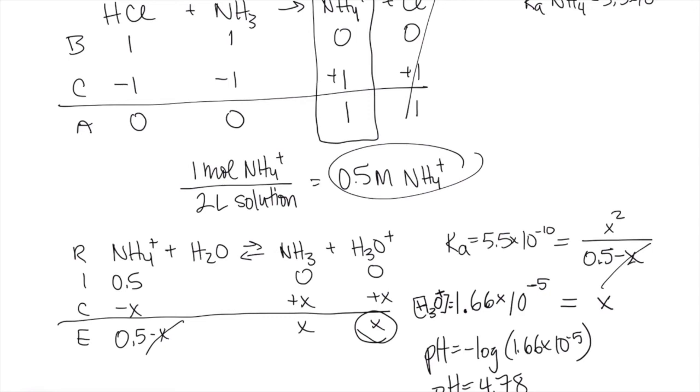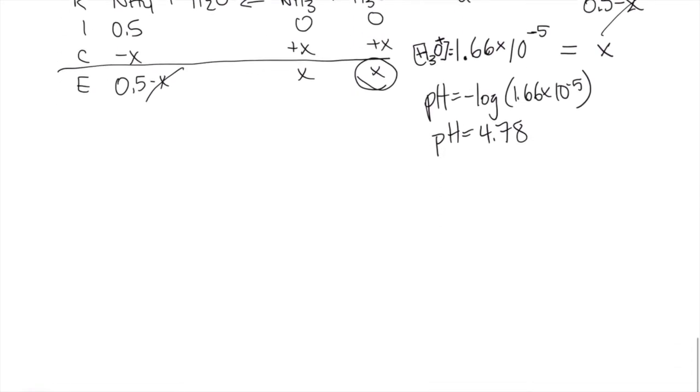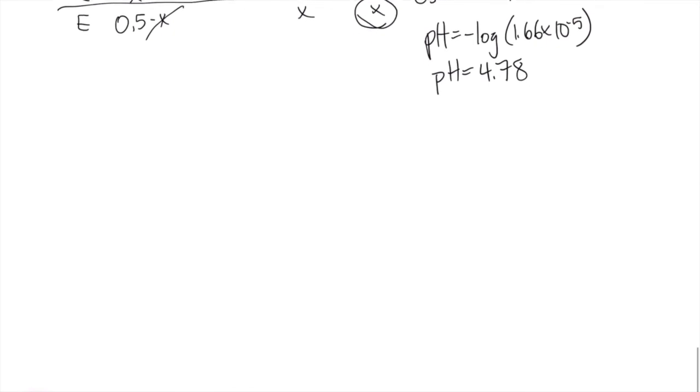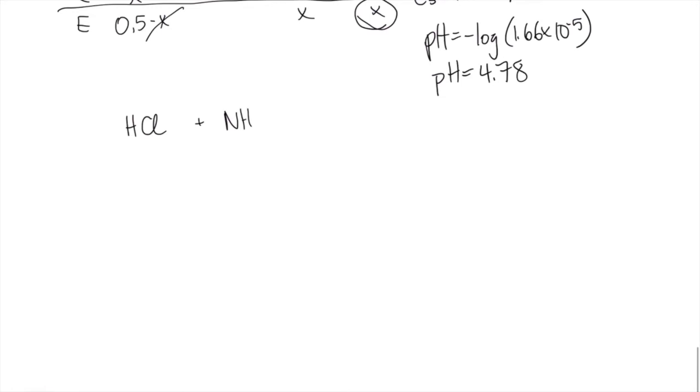Okay, so that's our second situation, where we started with equal quantities of our strong acid and our weak base. We're going to do one more situation. We're going to start with excess of our HCl compared to our NH3. The same reaction is going to happen here.